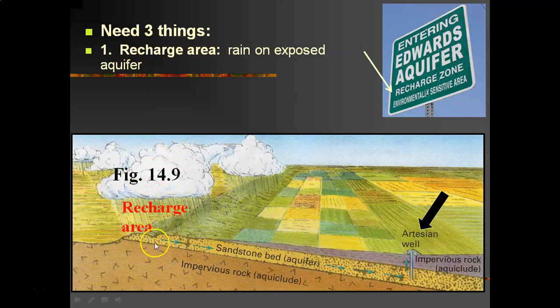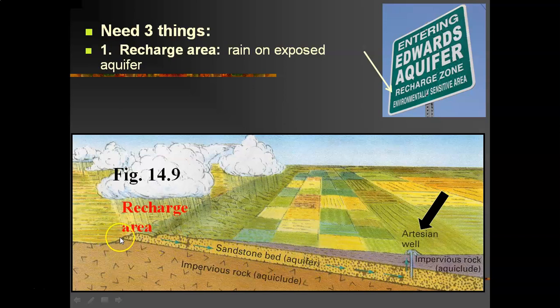So you need rain to fall on an exposed aquifer. Right here, we've got an aquifer, a sandstone layer, and it's exposed at the Earth's surface. You need rain to fall on that exposed aquifer and fill in the pore spaces. And then, of course, the water will move through the interconnected pore spaces.